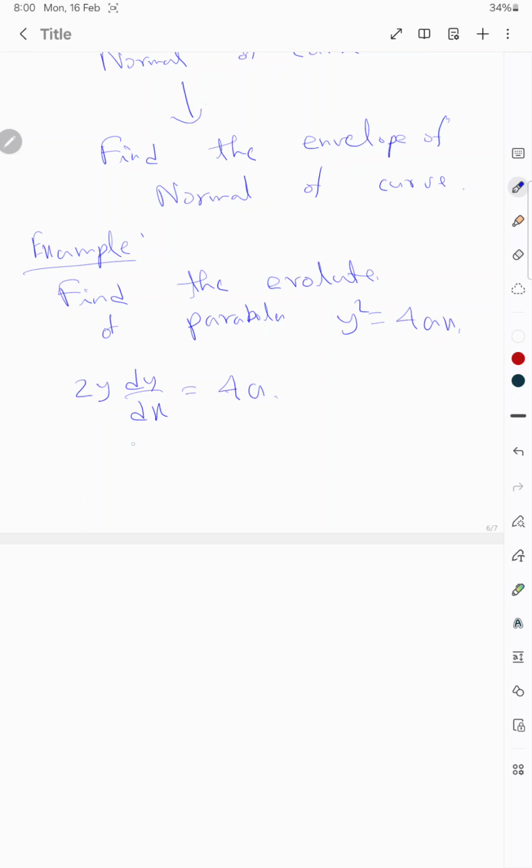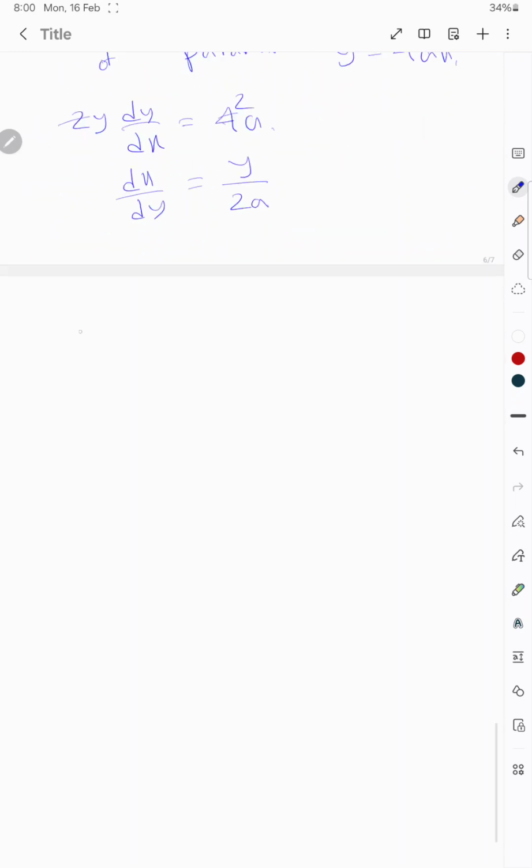So dy/dx equals 2a by y, and the equation of the normal is Y minus y1 is equal to minus dx/dy, so minus y by 2a into X minus x1.